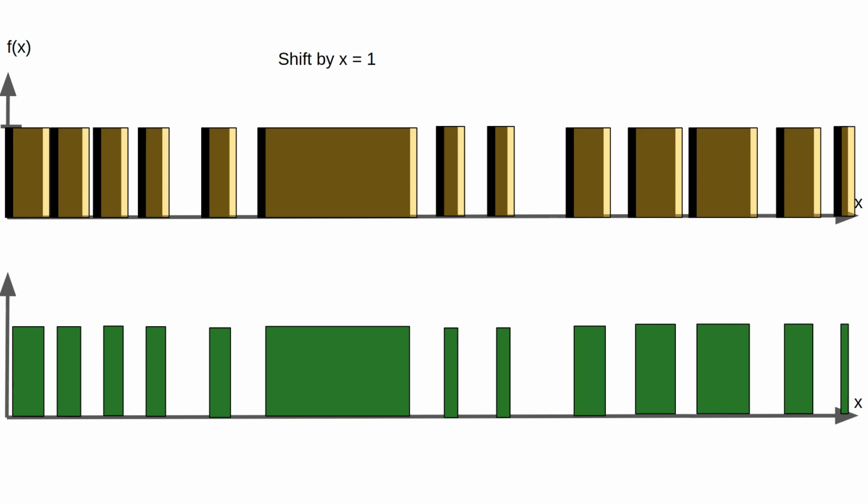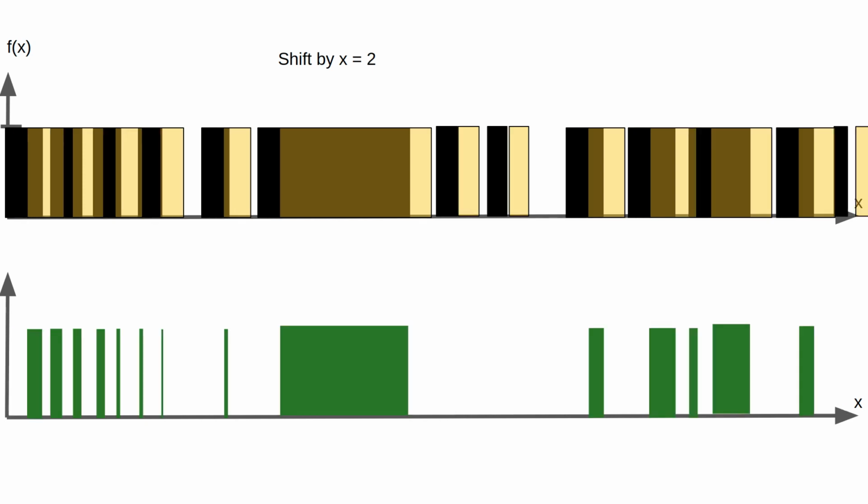But what happens if we start to shift it by a bit more? Here's x equals 2. You can see immediately that the total overlap is reduced significantly, and that means the correlation between the two functions on the top row is also reduced significantly.